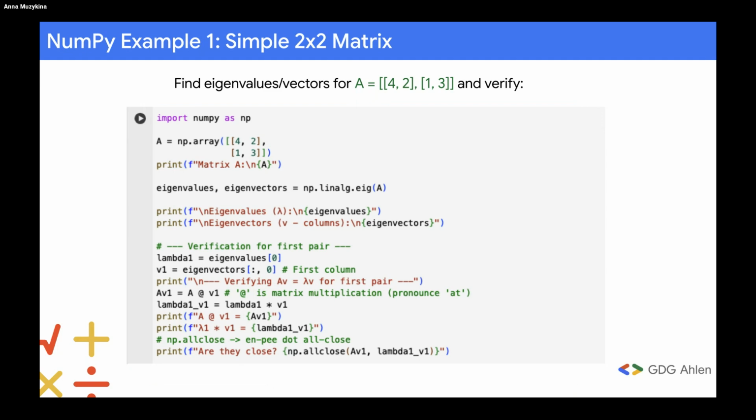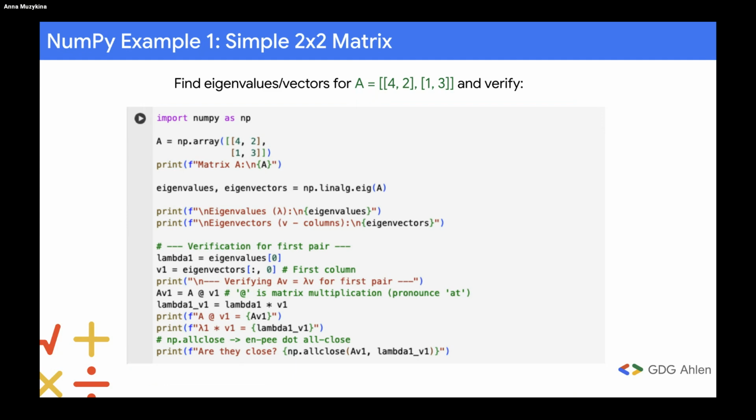So let's explore this code execution. We define A as a NumPy array. Then we call eigenvalues, eigenvectors equal np.linalg.eig, passing A. The code prints the results.